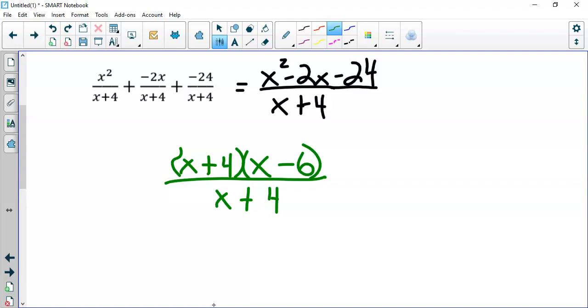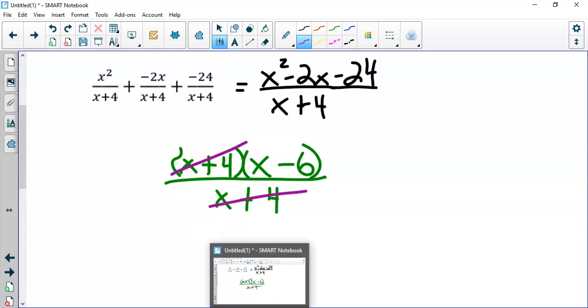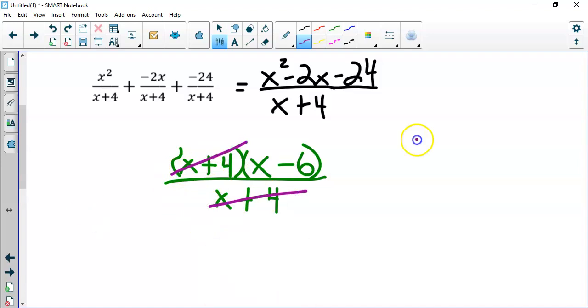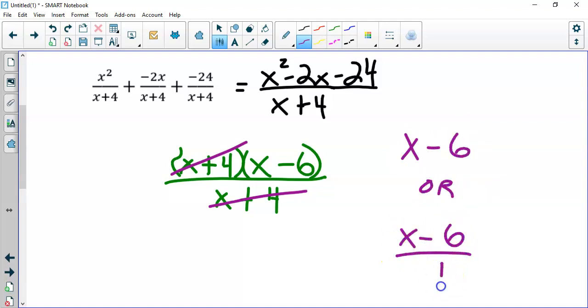So now that we're factored, what's going away? The x plus 4s, absolutely. So what are we left with then? X minus 6, perfect. X minus 6, or you can call it x minus 6 over 1. Yeah, on the test it shouldn't matter. Okay. Cool beans on that one?